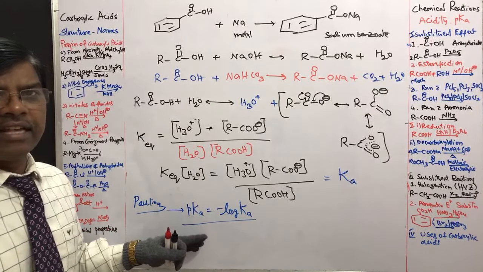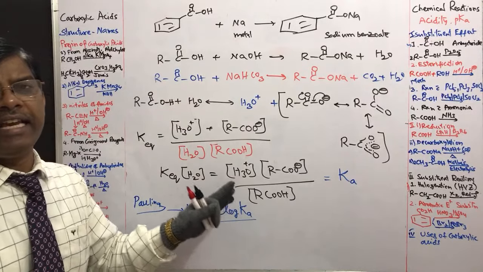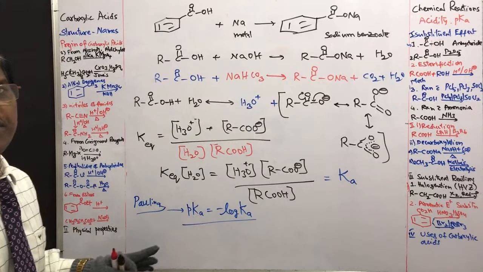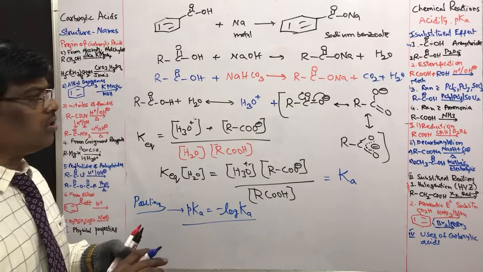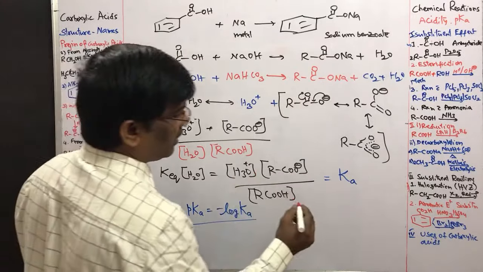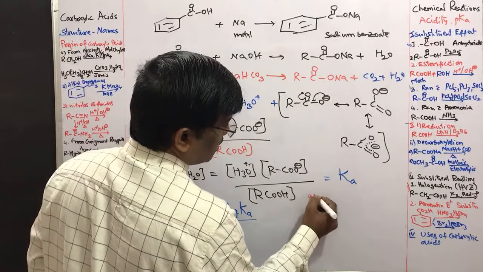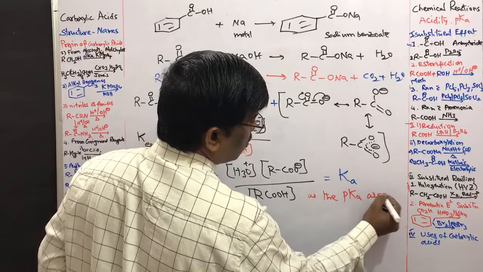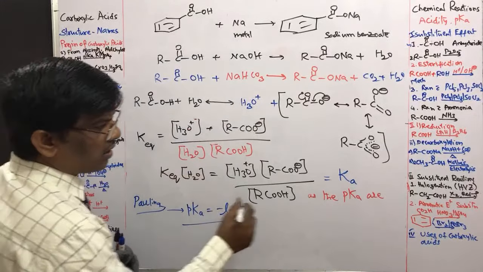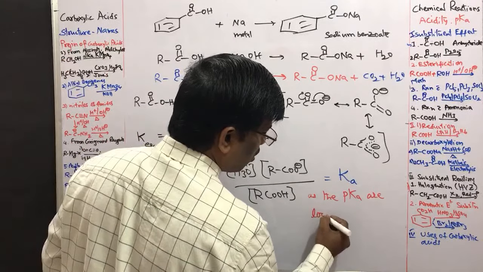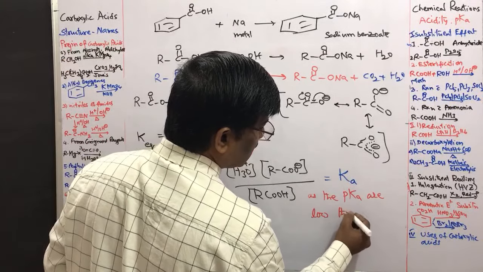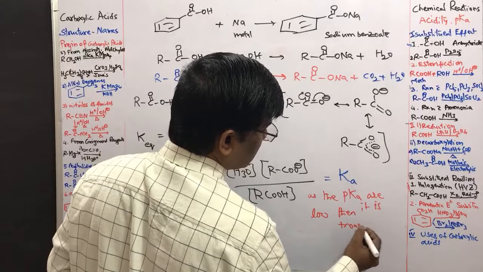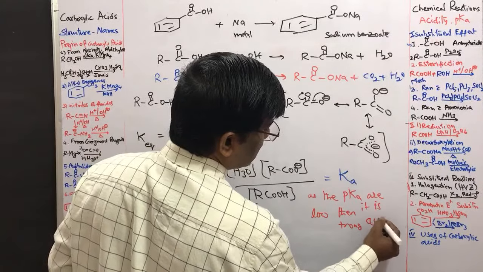The acidic strength of carboxylic acids is mentioned with respect to pKa values. Yes students, important thing: since pKa is a negative logarithm, as the pKa value gets low, small, it is a strong acid.